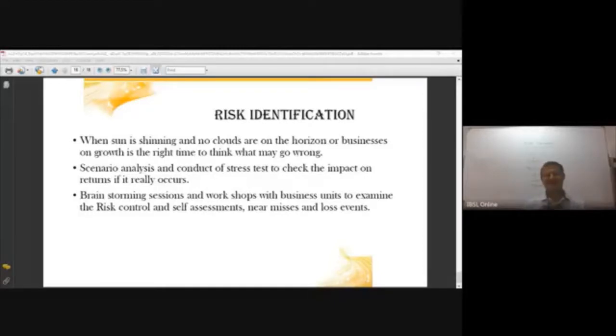And risk management is a process, as I told. How we are going to manage is: we identify the risk first, then we see the measure of this risk, and then we need to respond.